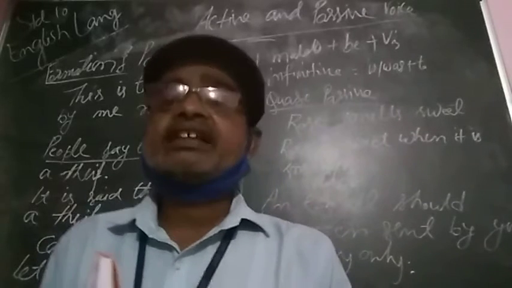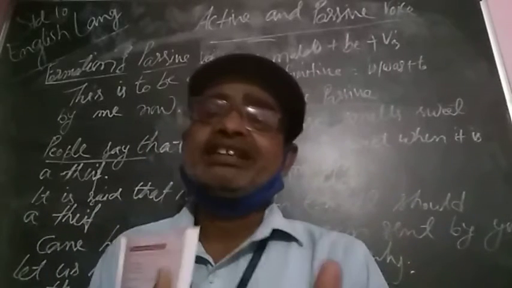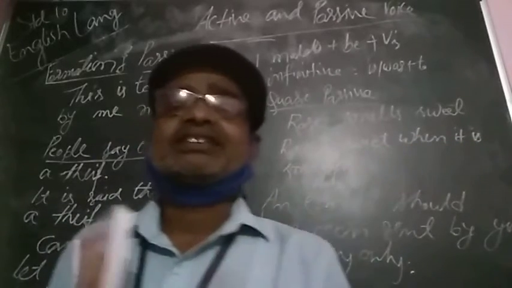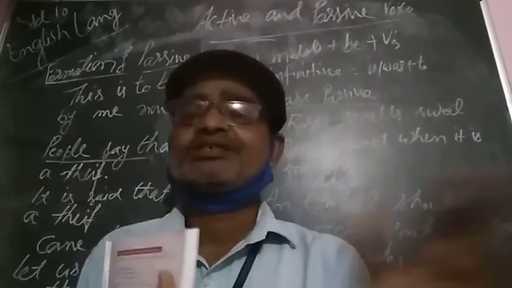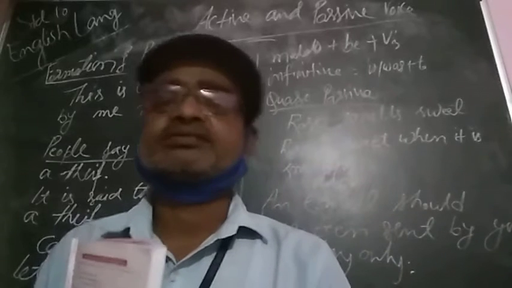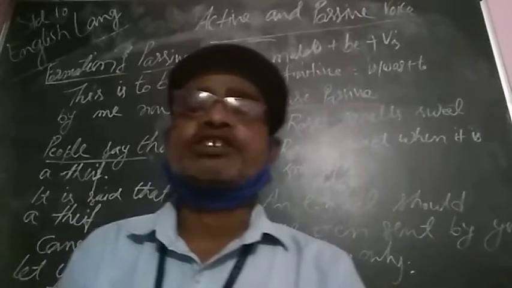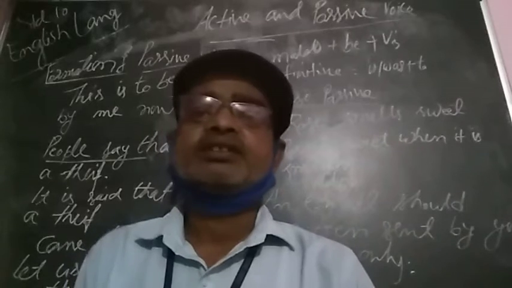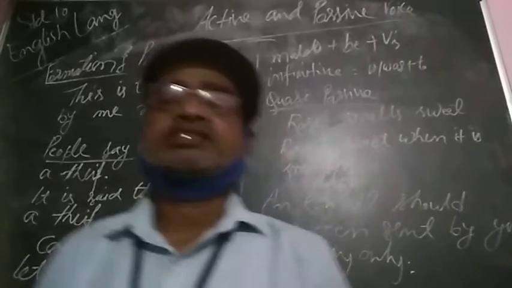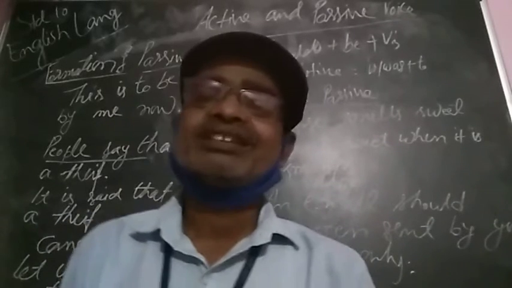He planted a tree last month. So a tree was planted by him last month. Was or were you will use. And when future simple, he will plant a tree next month. So a tree will be planted by him next month.